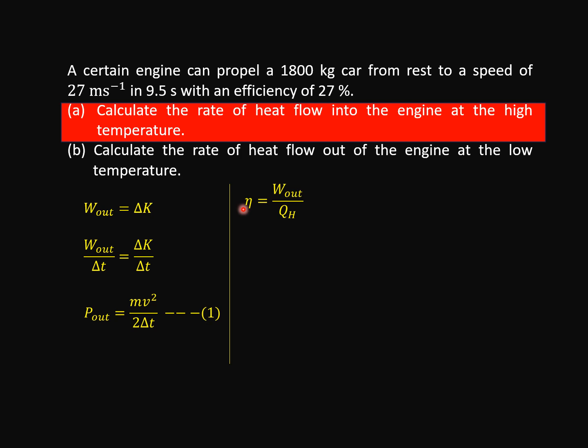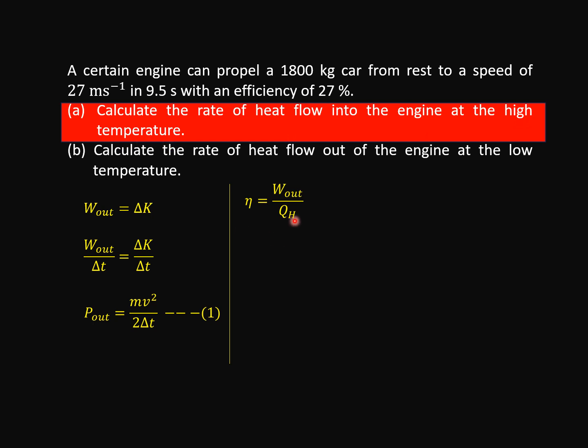The efficiency of the heat engine of the car is given as 27%. By definition, we know that this efficiency is equal to the output work divided by the QH. This QH is the heat flow, quantity of the heat flow into the engine at the high temperature.